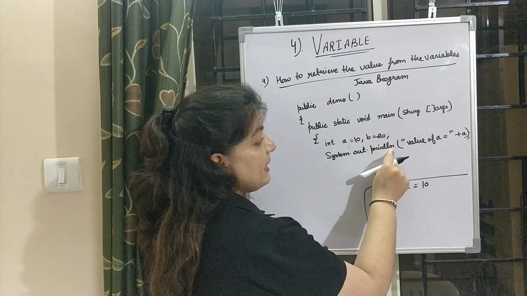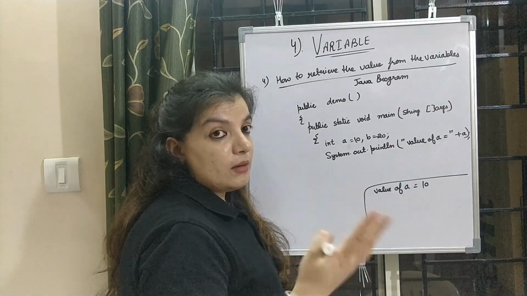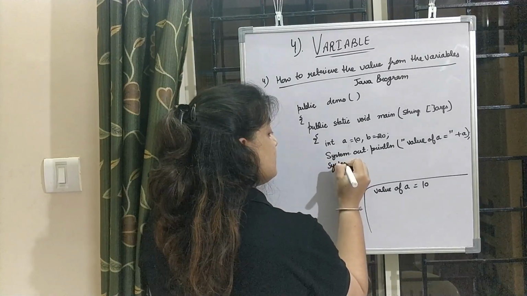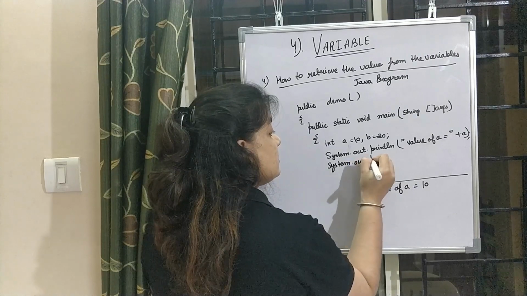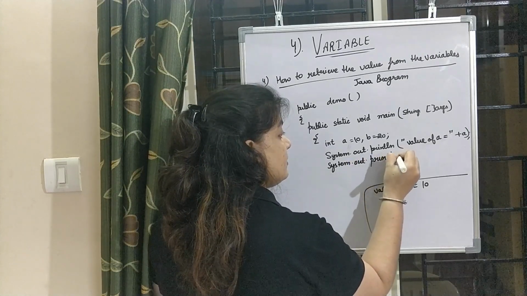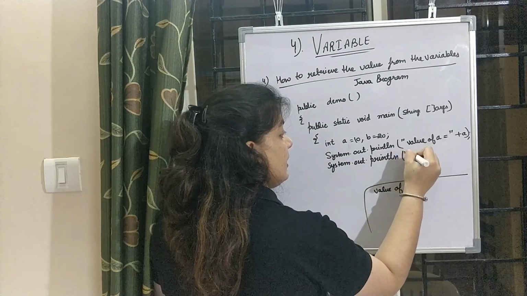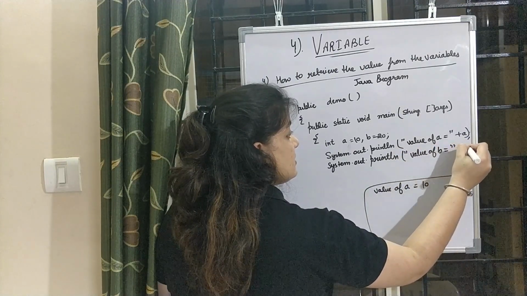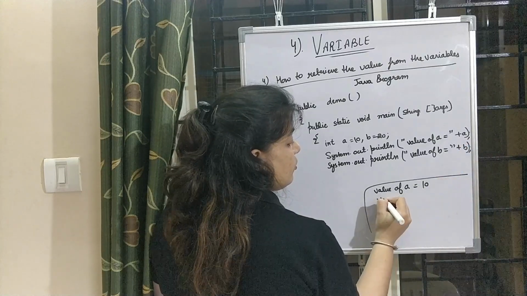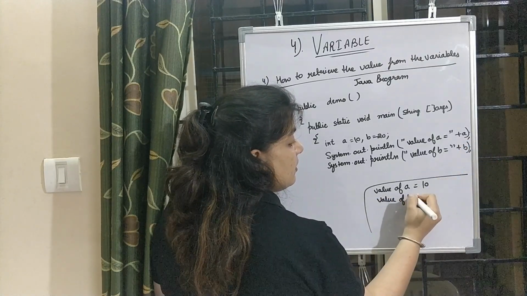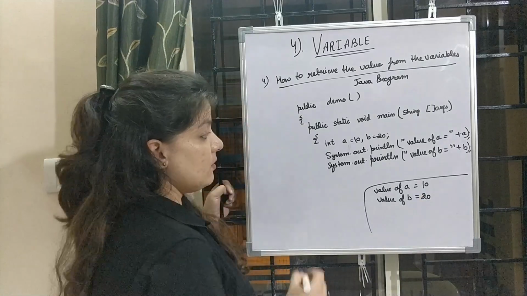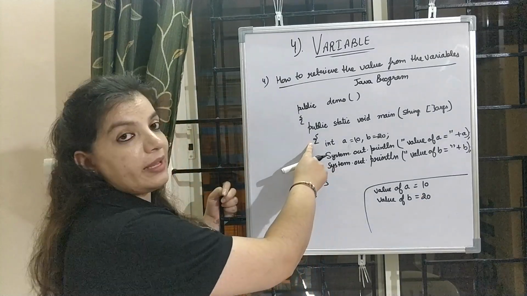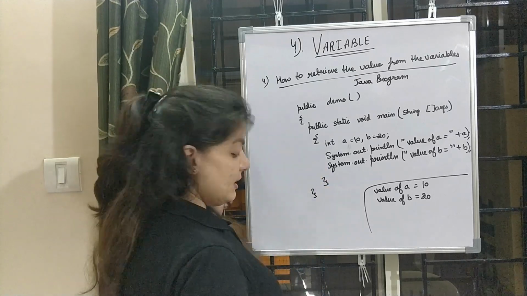Here I am using println, so automatically the compiler moves to the next line. So System.out.println("value of b is equal to" + b). The output will be like that. Then close the brackets. You must remember that however many brackets we open, we need to close that many brackets also.